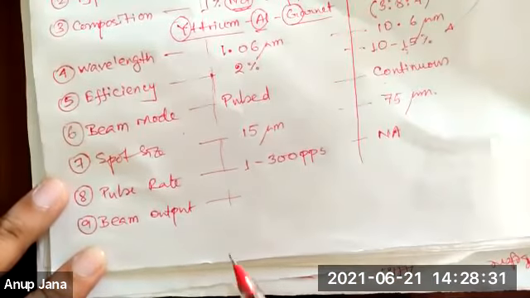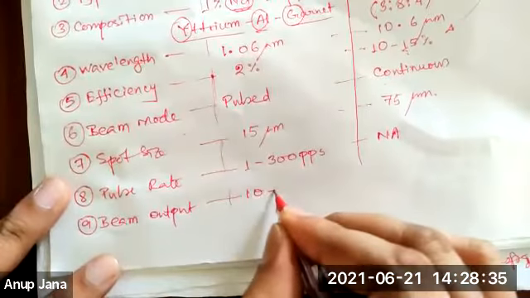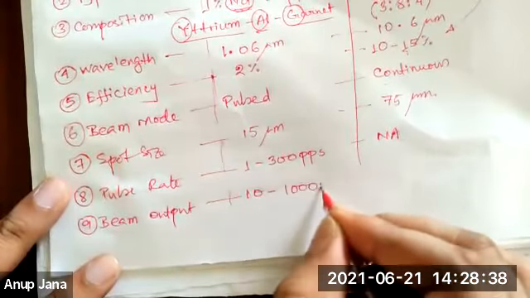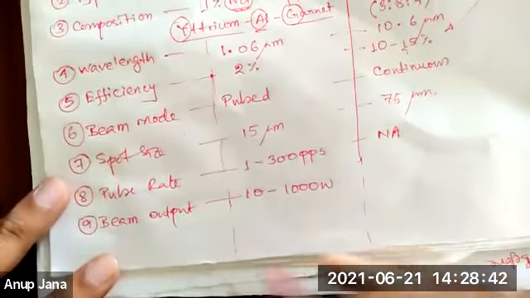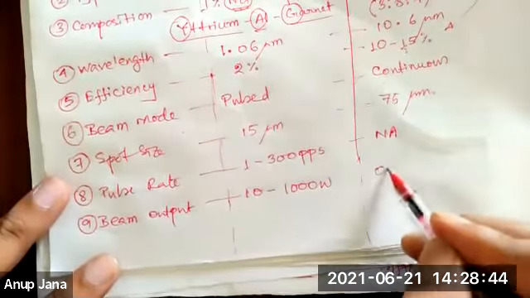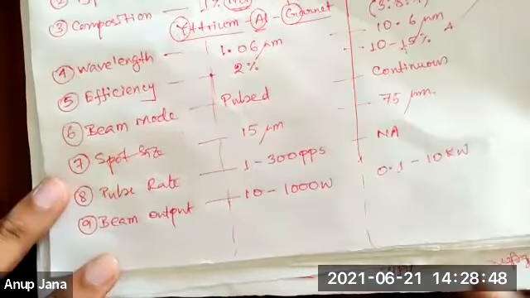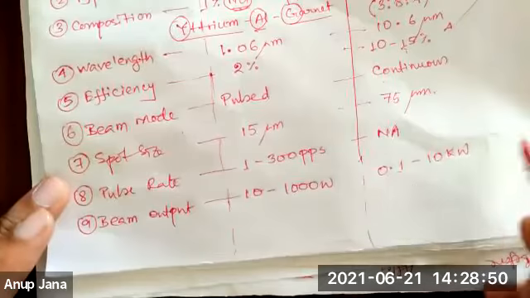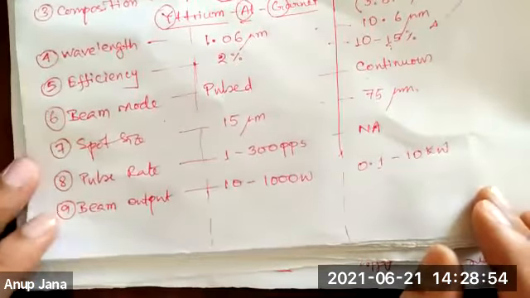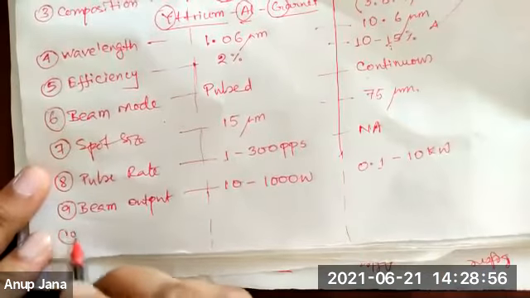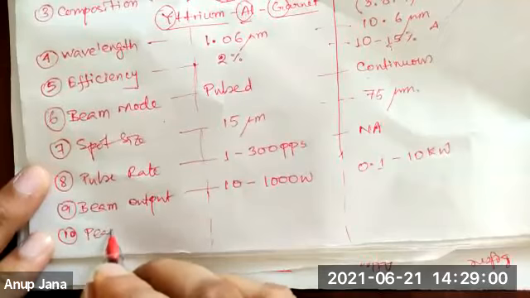So here beam output also will be less. It will be somewhere around 10 to 1000 watt. Already in the last class I discussed. But beam output here can be 0.1 to 10 kilowatt. Okay, but the size of the laser will be big in this case. The tenth one is the peak power.